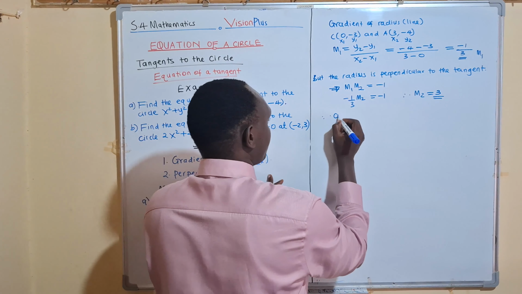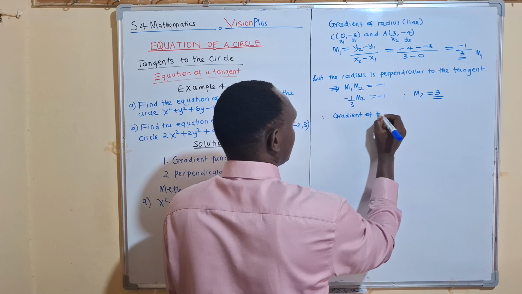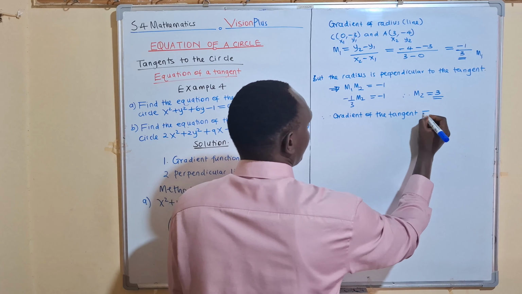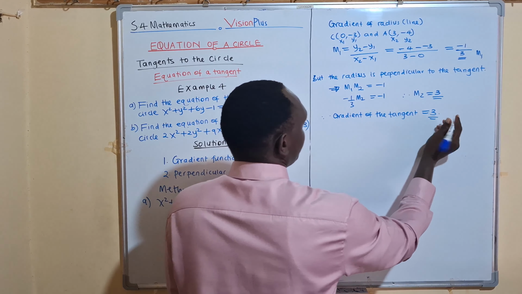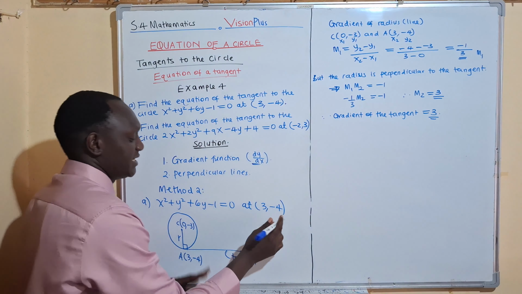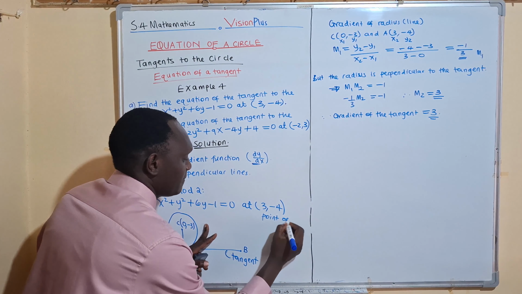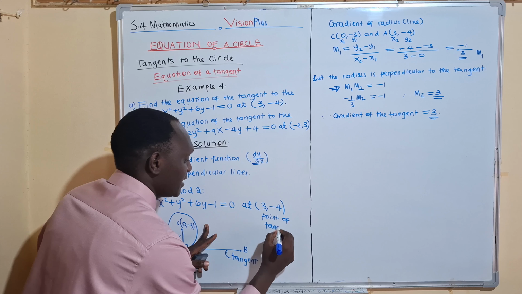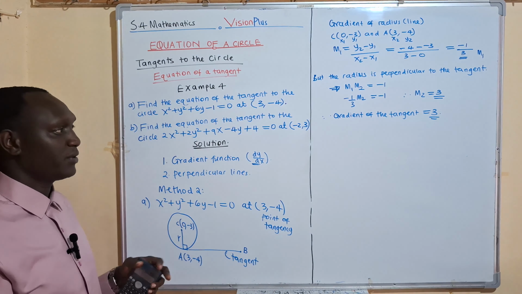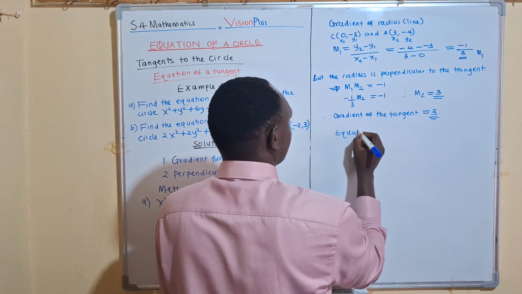Therefore, the gradient of the tangent equals 3. If we know the gradient of the tangent and we know the point of tangency, that is the point on the circumference common to both the radius and the tangent, then we can find the equation of the tangent.